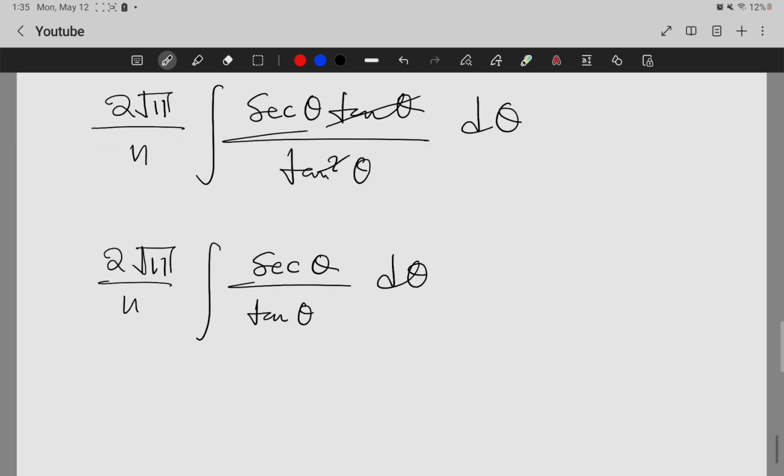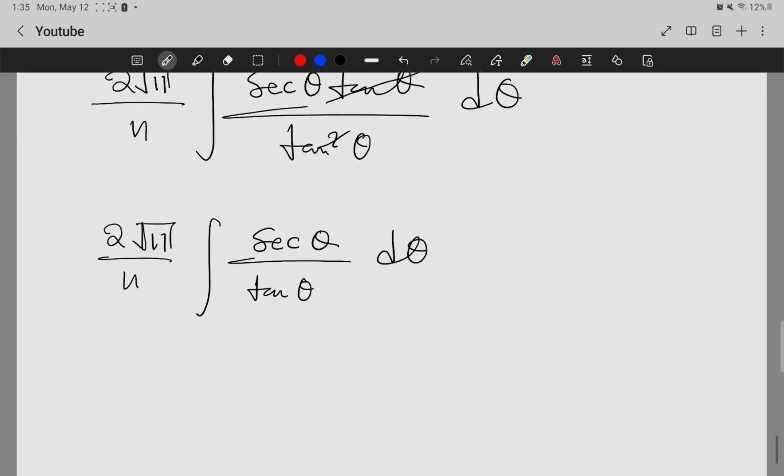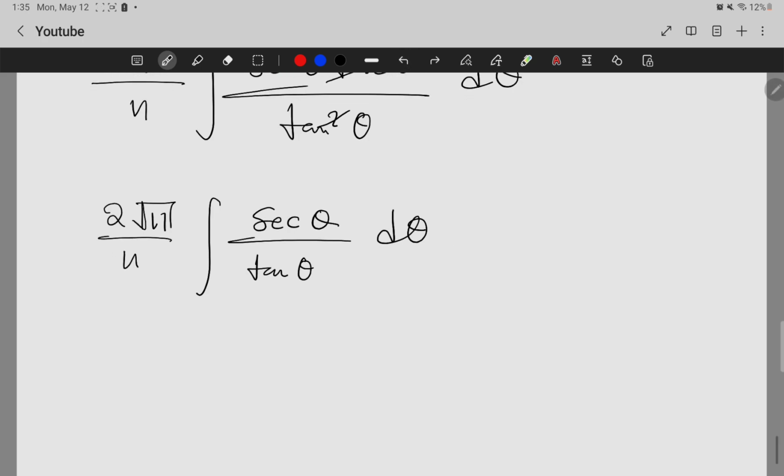Now, how do we integrate this? Is it something we can integrate? Well, let's look at it like this. The sec and tan can actually be combined a little bit. What are we going to have? This is 2 root 11 over 11.